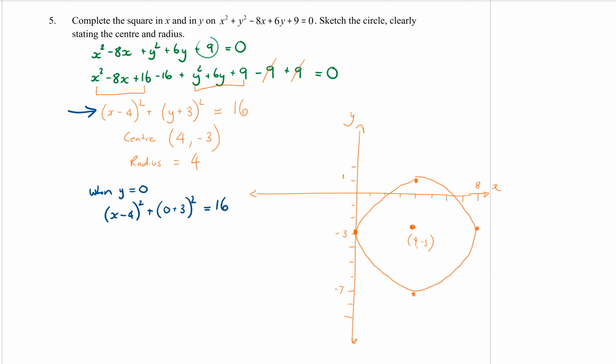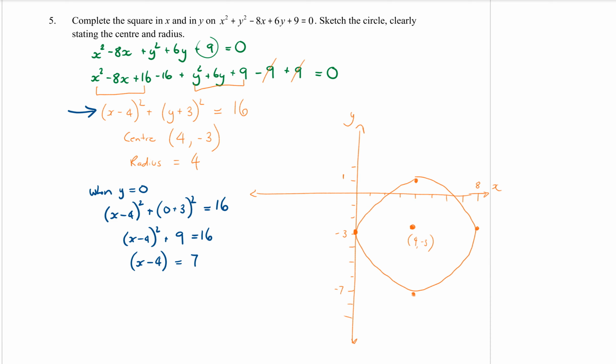So x minus 4 squared, let's leave that for a minute, but 3 squared is 9, and that's equal to 16. If I subtract the 9 across to the other side, 16 take away 9 is equal to 7.